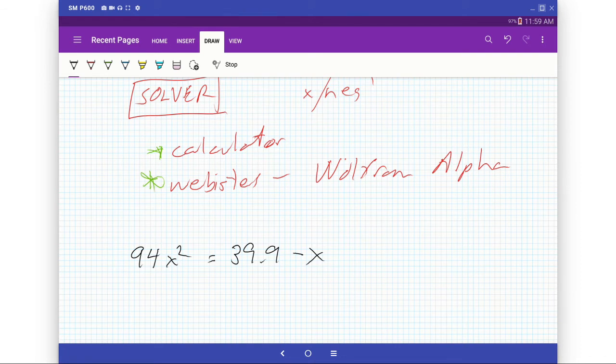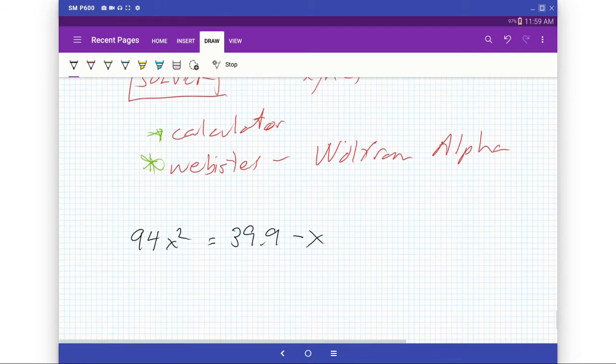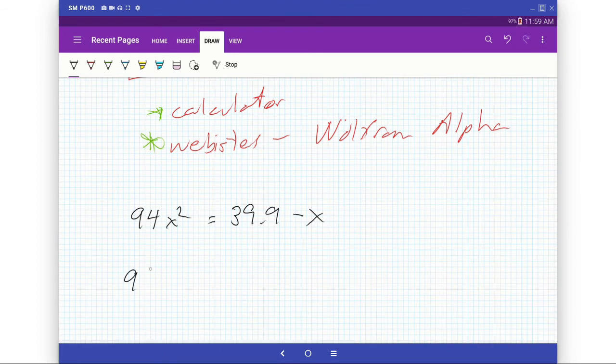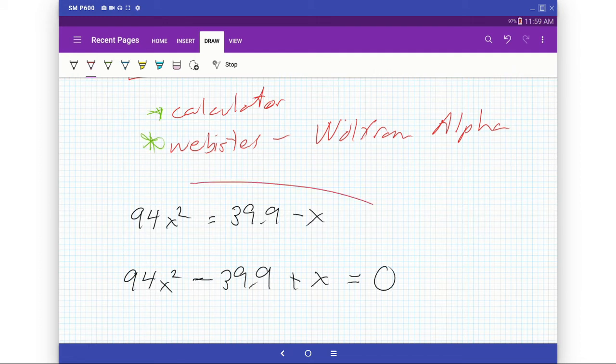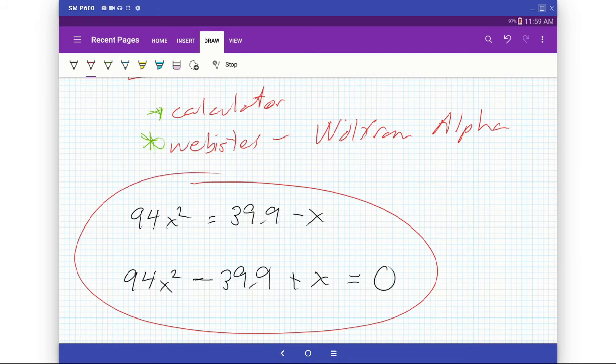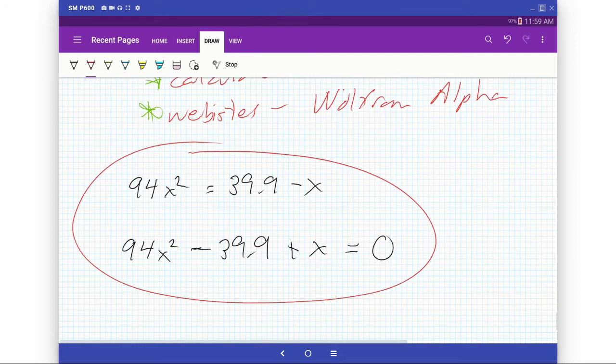So keeping everything on the numerator is important, and some require it to be equal to 0. Minus 39.9 plus x is equal to 0. Either one of those two you plug into solver will give you the answer that you need.